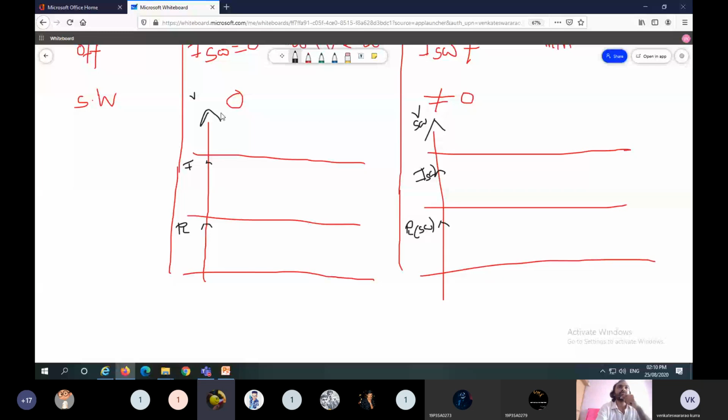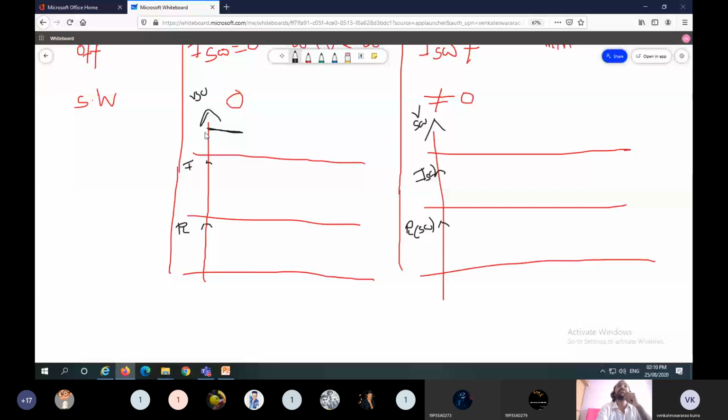So if you take an ideal device, assume the device is initially in off state. If the device is in off state, it will block the entire supply voltage. So this one is the entire supply voltage which appears across the switch during off state.